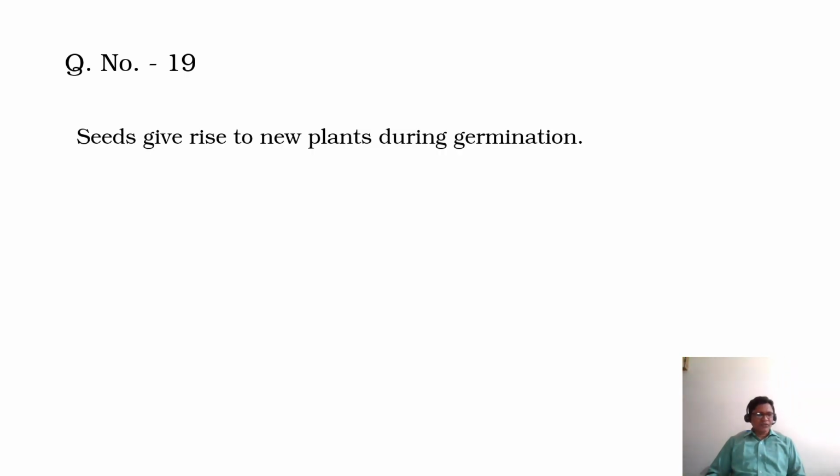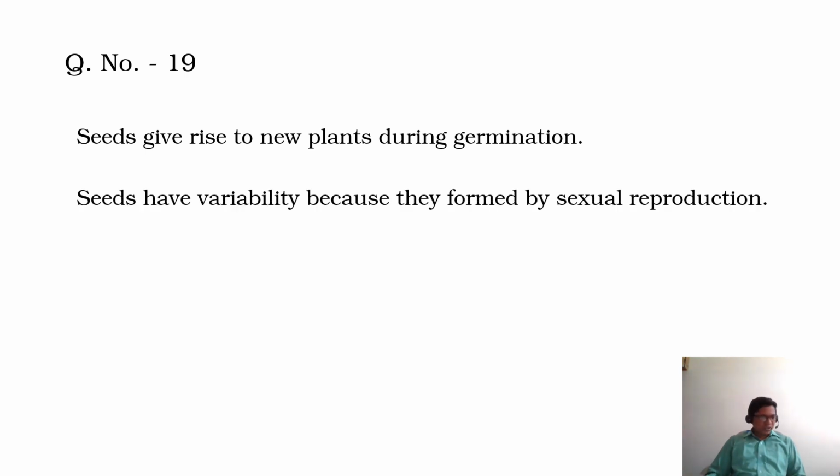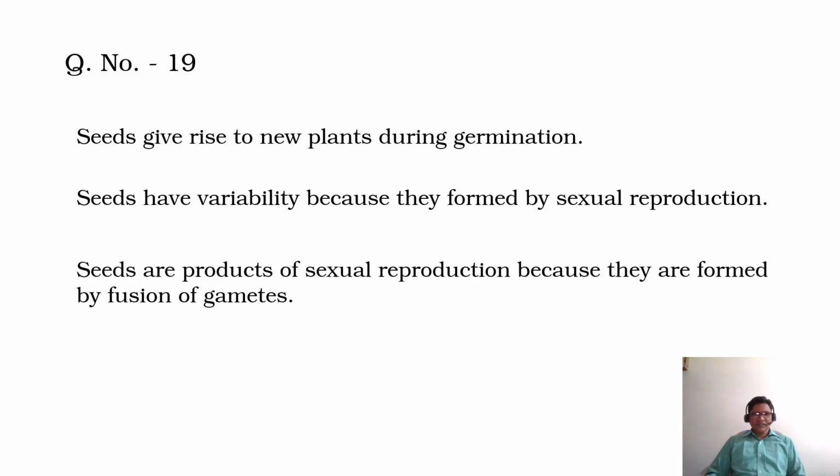Seeds give rise to new plants during germination. Seeds have variability because they are formed by sexual reproduction. And seeds are products of sexual reproduction because they are formed by fusion of male and female gametes.